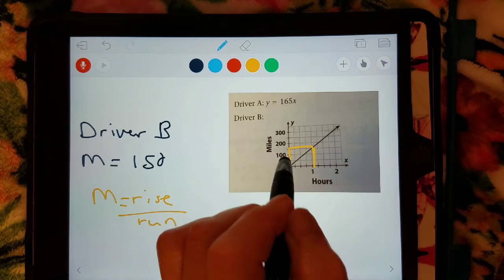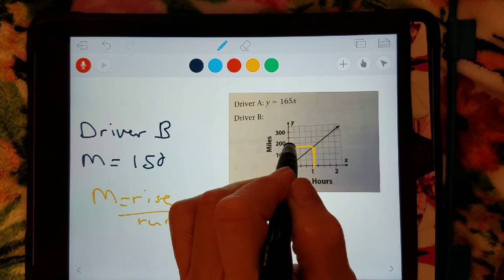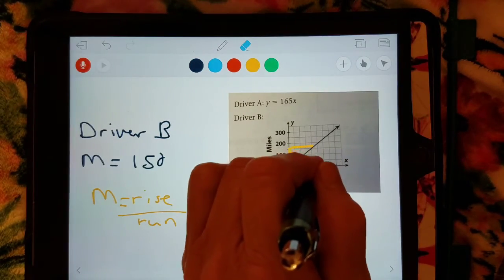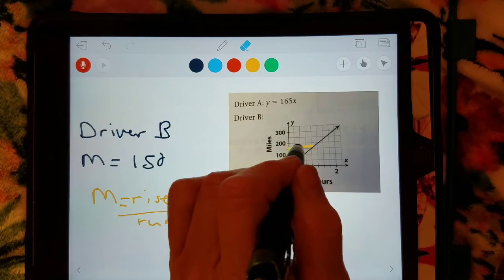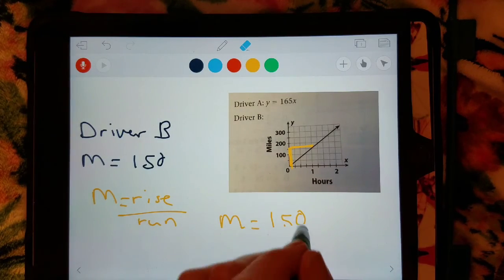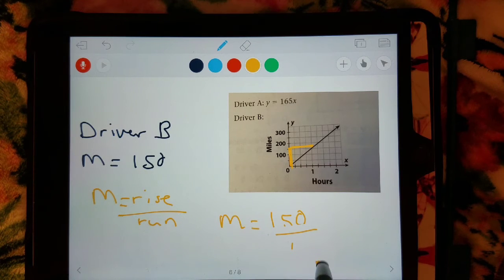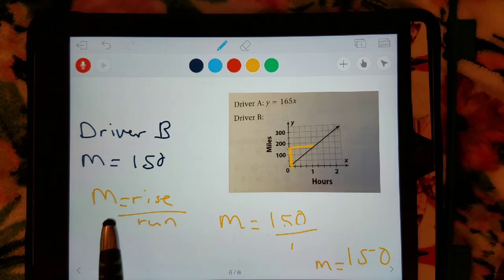See the 1? So rose 150, ran 1. So slope equals 150. So you can use the slope formula or you can use rise over run.